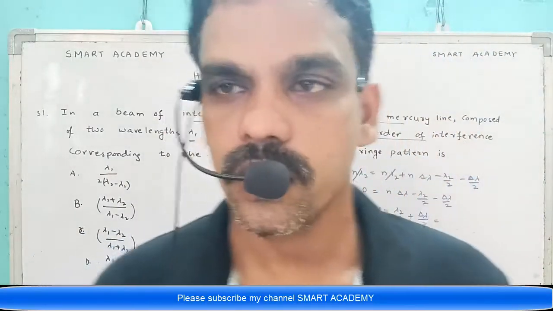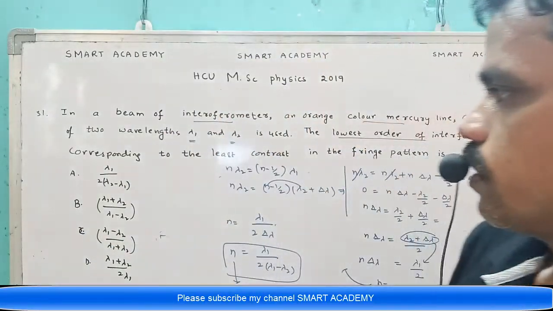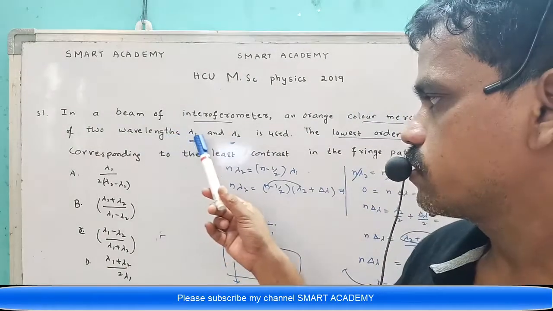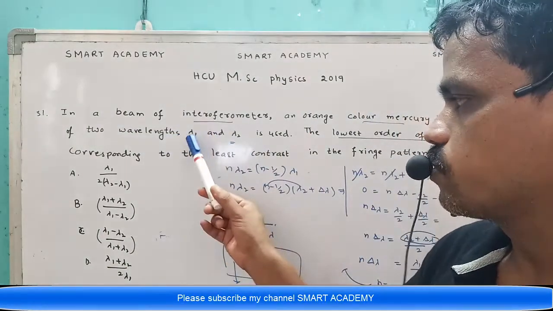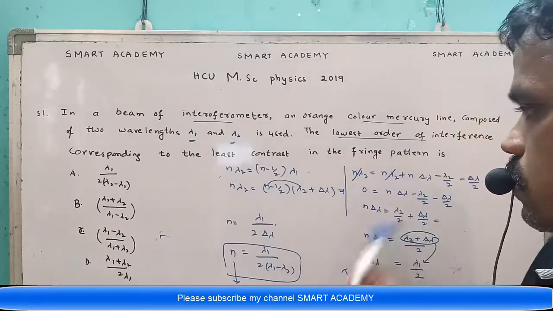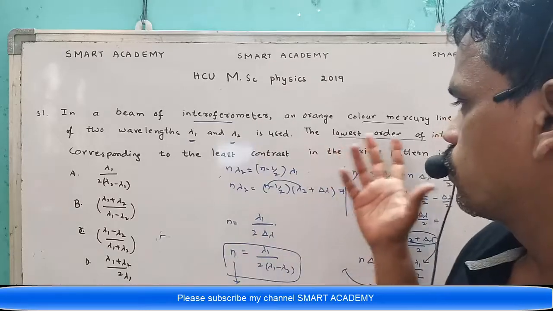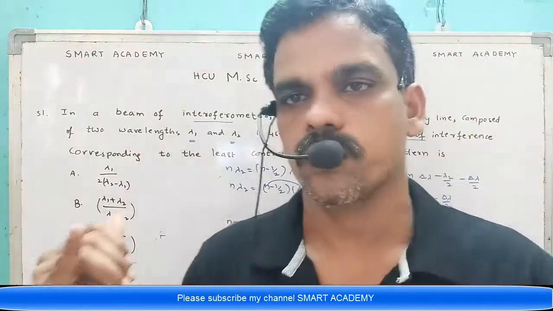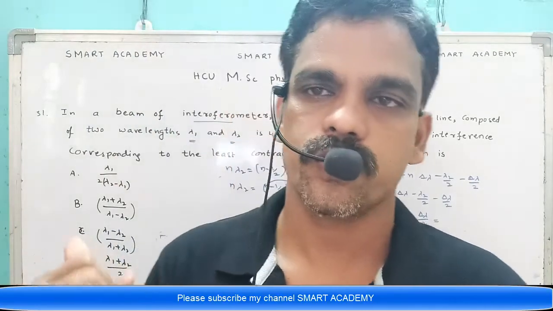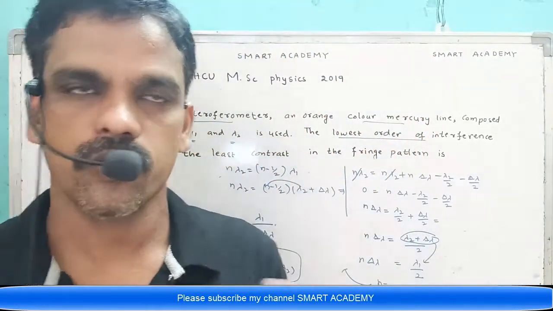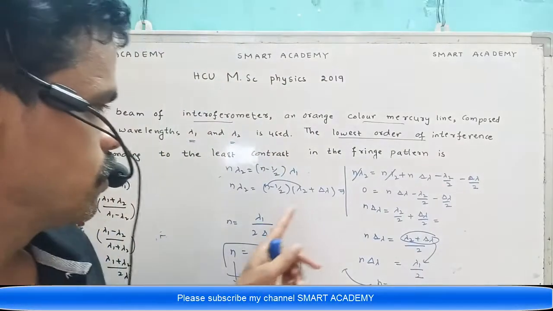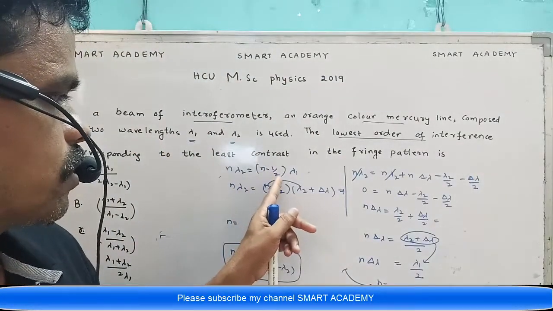See what we did here. We have the mercury line with two wavelengths, lambda 1 and lambda 2. One is the bright fringe, the other is the dark fringe. So the difference is delta lambda. For the lowest order of interference, the path of the bright fringe pattern equals the path of the dark fringe pattern. If we equate both, we get the relation n lambda 2 equals n minus half of lambda 1.